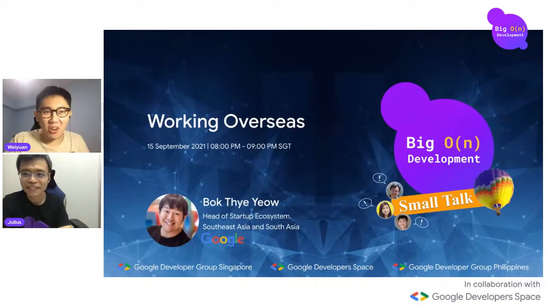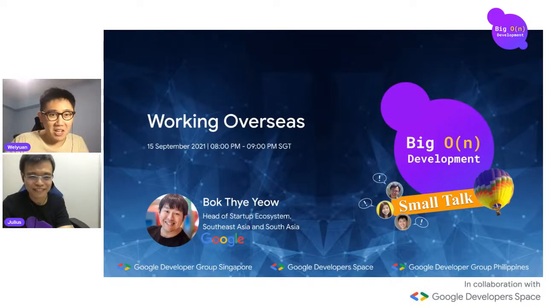Following that episode 0, we're going to have our pilot, the proper episode 1, with a very big boss of our collaborators at Google. You might have seen or heard of him before, Bob from Google, who is the head of startup ecosystem in the Southeast Asia region. We're very excited to learn from him.